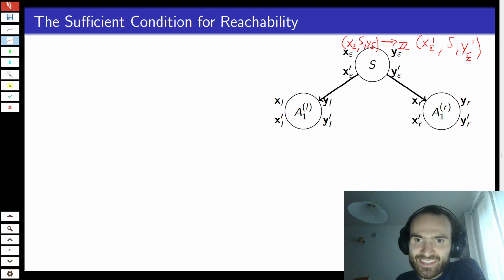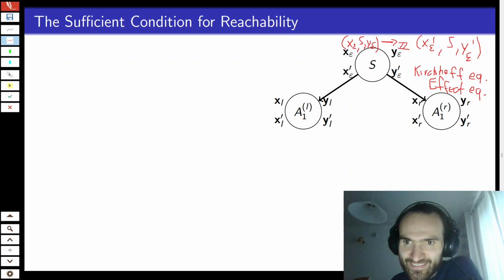what this means is that I have what is called the Kirchhoff equations and the effect equations. Well, this is one of the situations where I assumed a little bit of knowledge about VASS. So what are these two equations? Well, the effect equation should be kind of obvious.